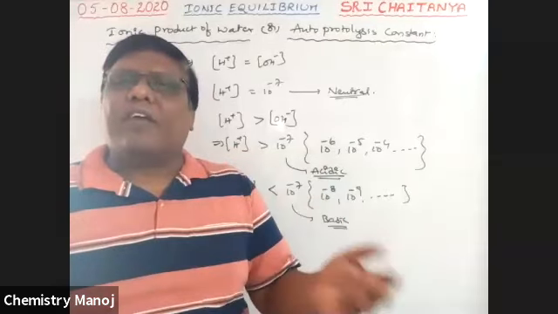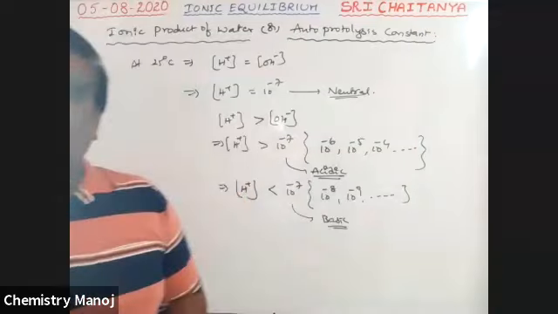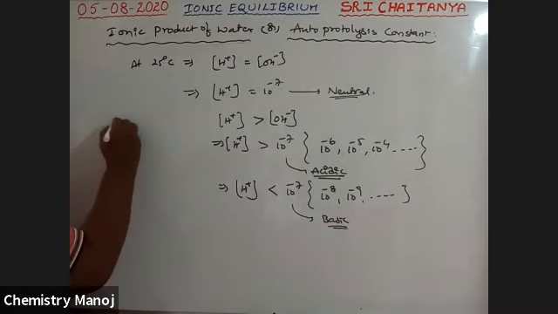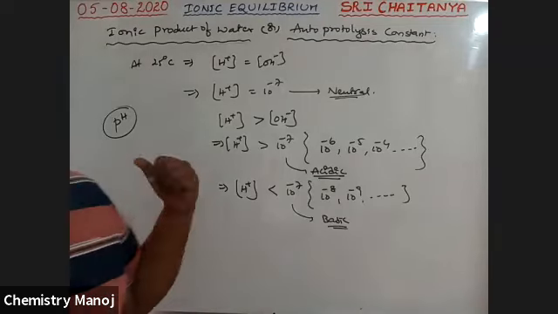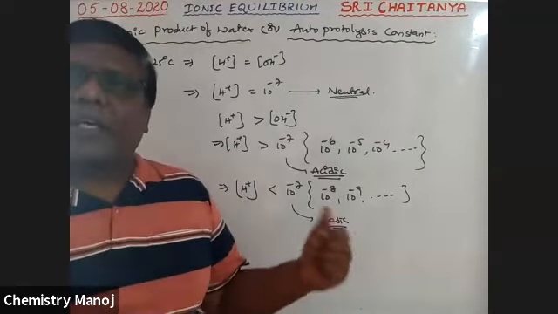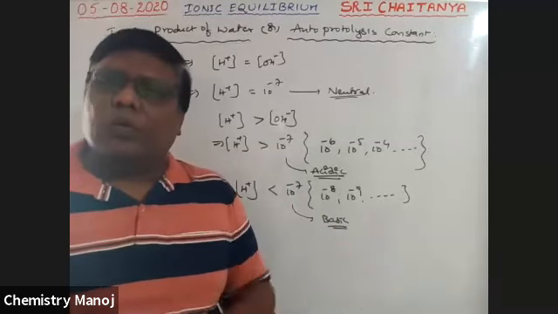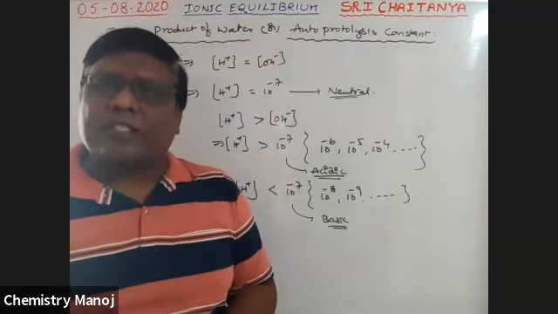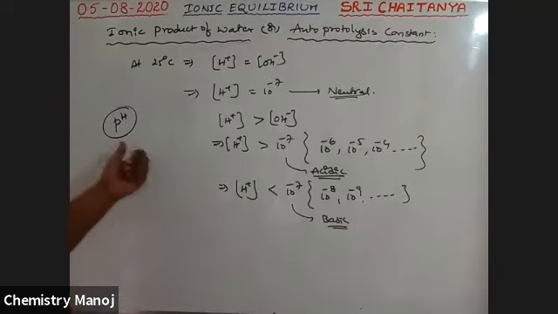So there is another way of representing the H plus ion concentration, that is by pH. pH is one of the ways to express the concentration of solutions whose concentrations are very low. Very low concentrated solutions are expressed in terms of pH.